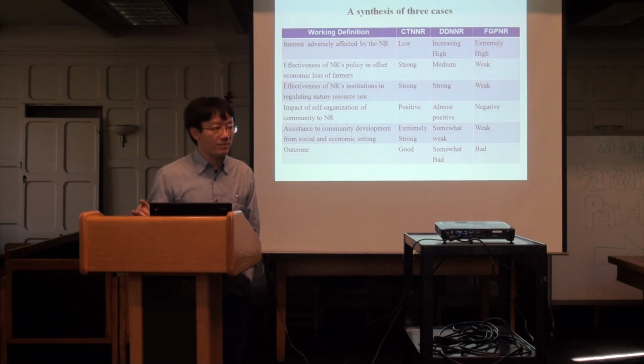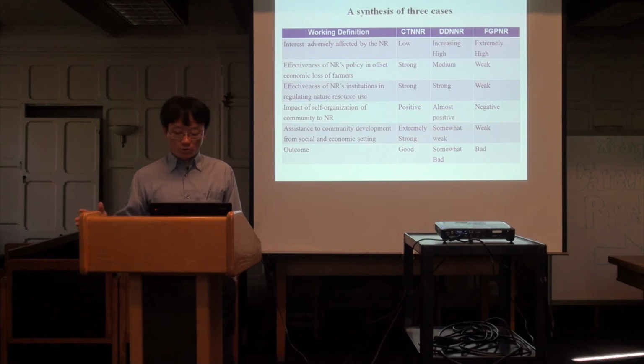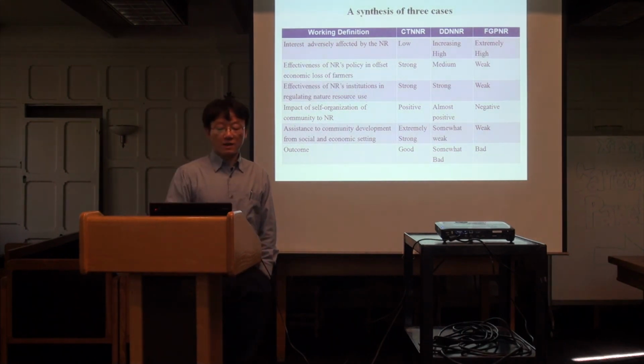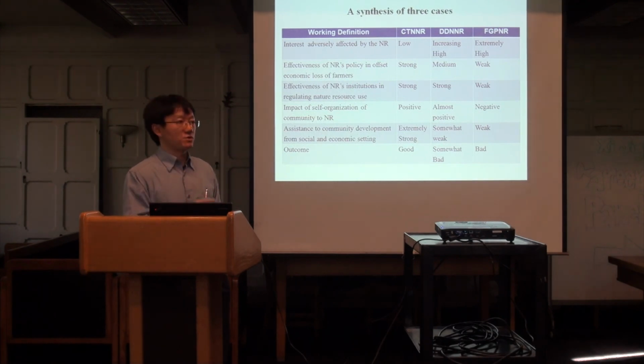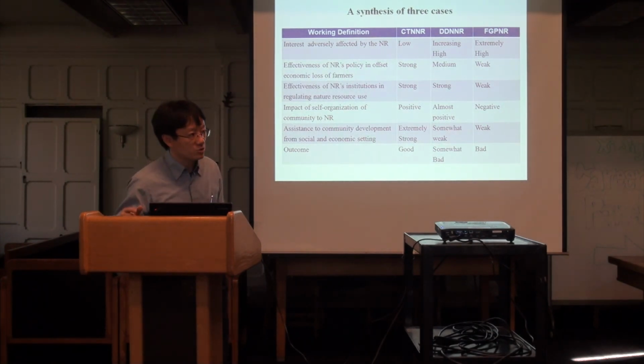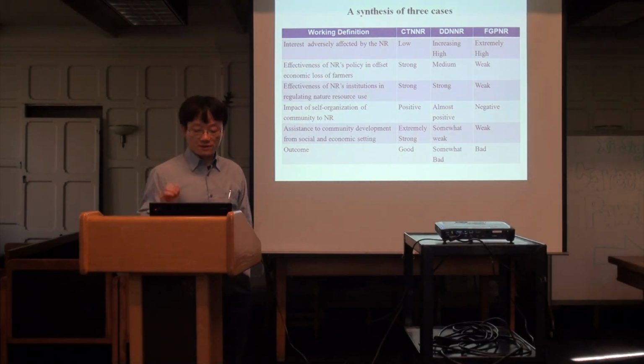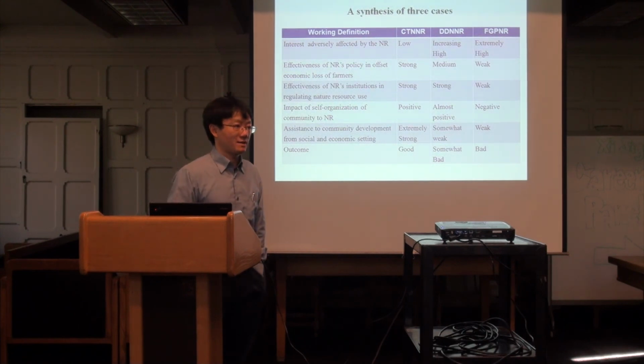But for the third one, it is a very short time, and they have very few projects to support local development. That's why there is such an outcome. For the first nature reserve, that's good. For the third nature reserve, that's bad. And for the second nature reserve, it is somewhat bad.